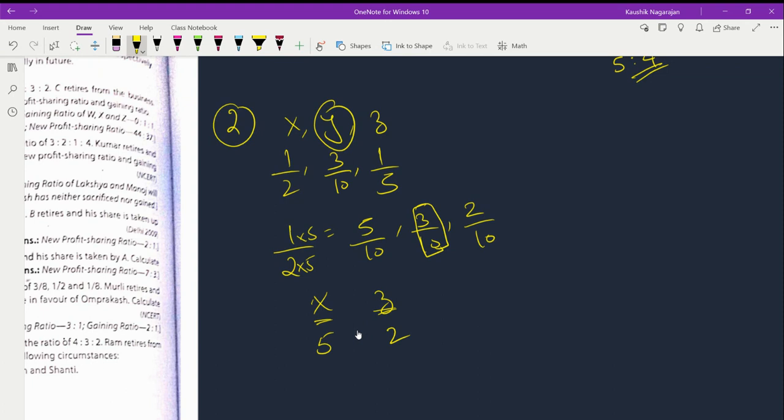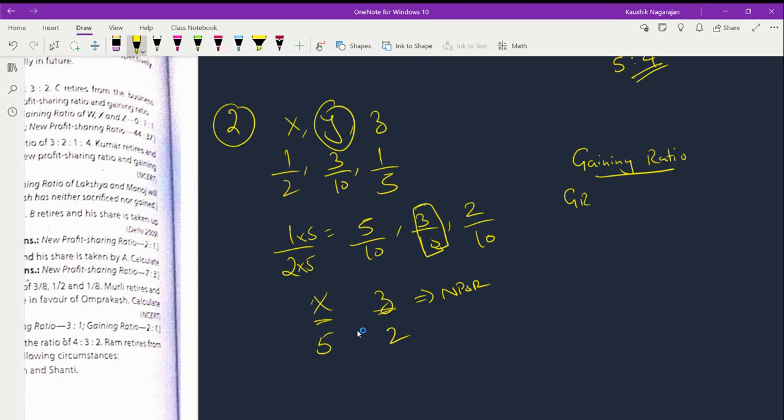So 5 is to 2 will be the NPSR among the partners X and Z. But the question is not to find out NPSR, it was to find out the gaining ratio. But without NPSR, gaining ratio is not possible. 200%, I'm saying, not only 100%, 200%, it is impossible. So that's the reason we found out NPSR.